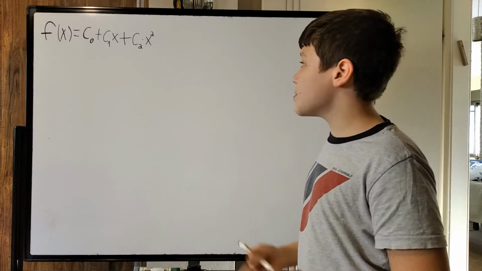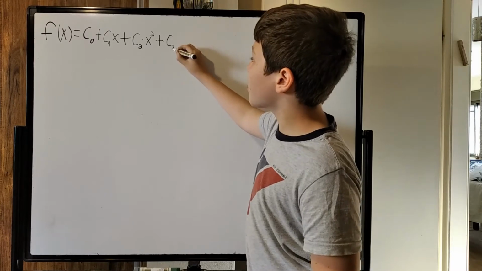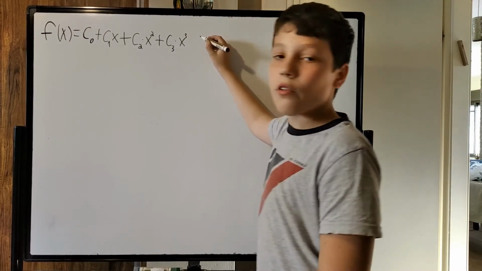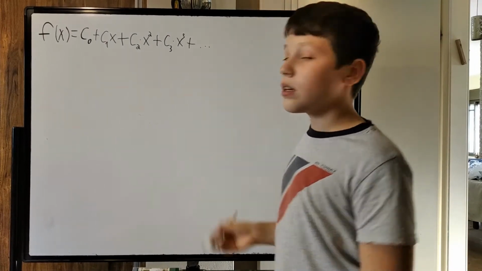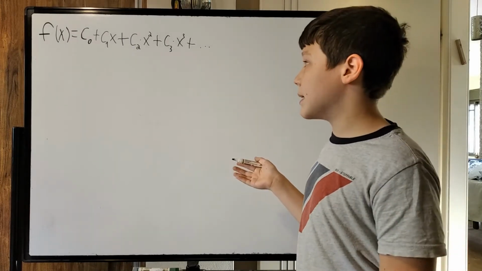And what I'll do is, like I said, continue with c3 times x cubed, c4 times x to the 4, and just so on to infinity. Like I said, the infinite polynomial we want to get.